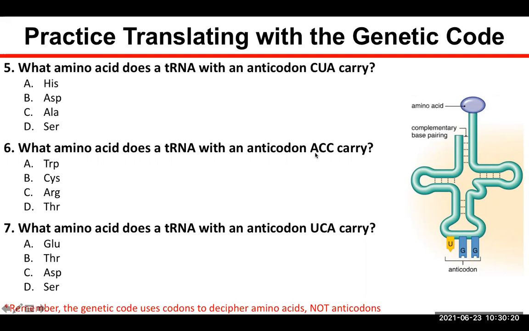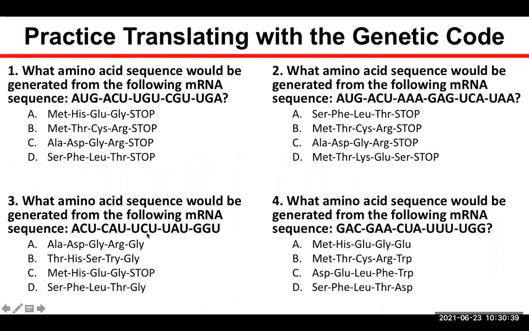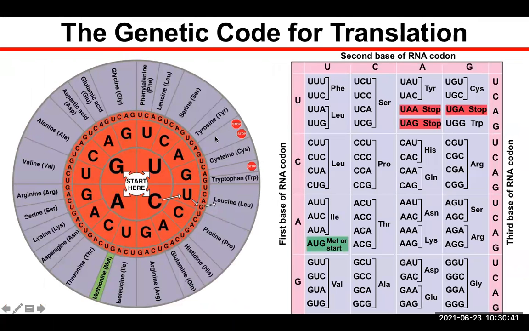We know that A pairs with U when it comes to RNA. If it's DNA, it's T, but we're talking about RNA here, so it's U. And then C will always pair with G. So we have UGG, okay? Now we're going to want to use that code to figure out what the amino acid is that goes along with that.